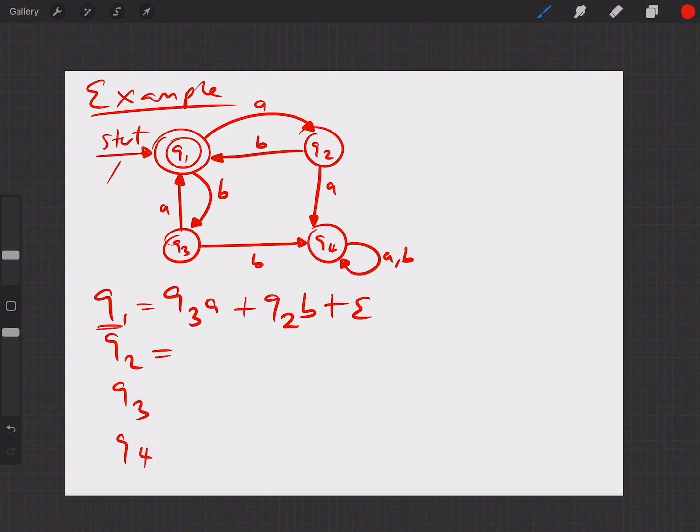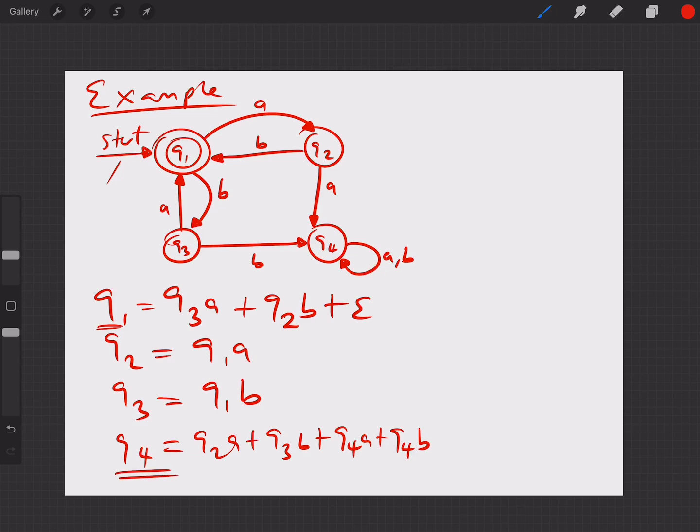But then note Q2 receives transitions from Q1 on A. That's all. Q3 receives transitions from Q1 on B, and Q4 receives transitions from Q2 on A, Q3 on B, plus Q4 on A, plus Q4 on B. What we need to know is Q4 is not going to help us.